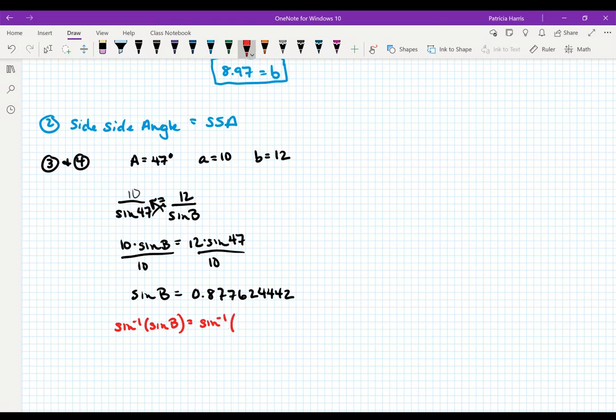Now my calculator has an interesting feature. It's called answer. If you use that, you can put in the last answer. It's like a copy paste. It's pretty cool. So putting that in, I get 61.357.